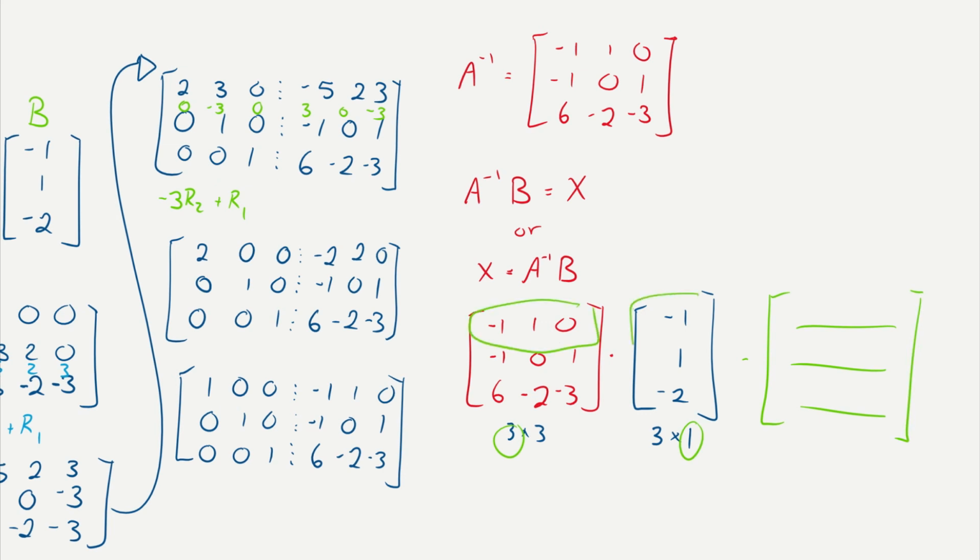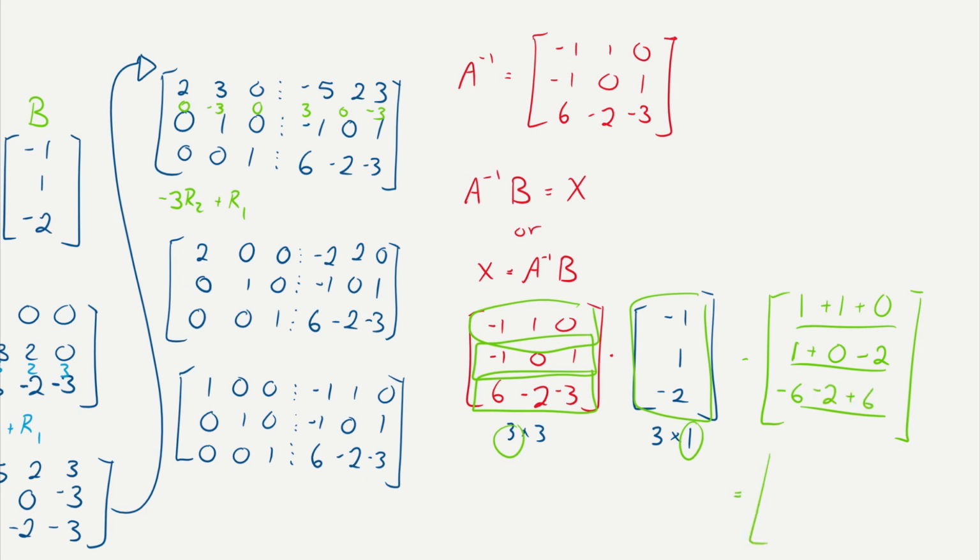First row times first column gives me 1 plus 1 plus 0. And then second row times first column gives me 1 plus 0 minus 2. And lastly, that third row times first column gives negative 6 minus 2 and then plus 6.